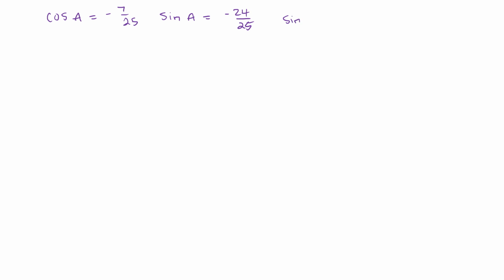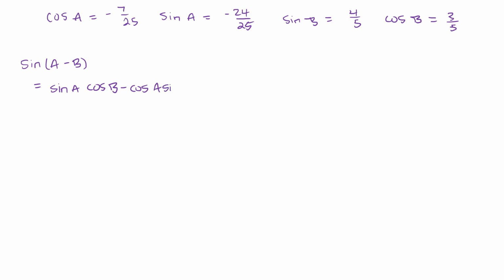Sine B is 4 over 5, and cosine B is 3 over 5. So let's first find the sine of A minus B. Our formula for this is the sine of A times cosine B minus cosine A sine B.